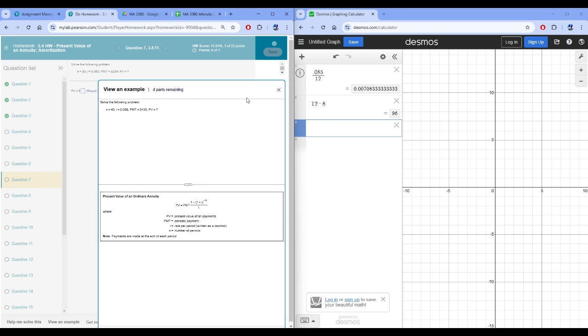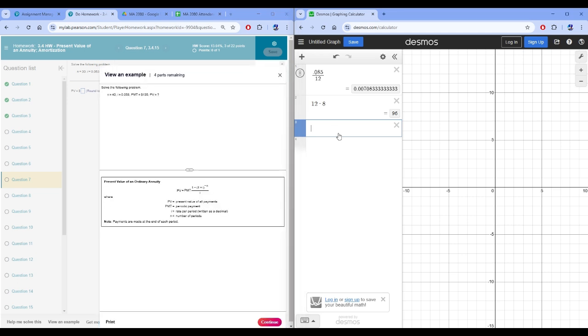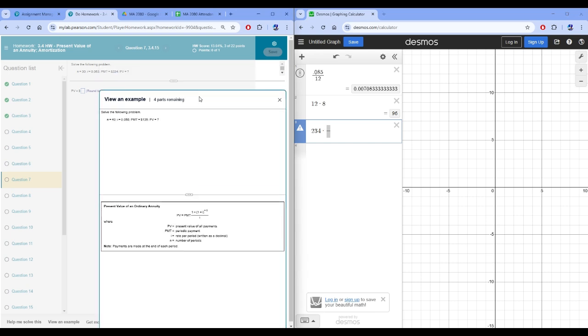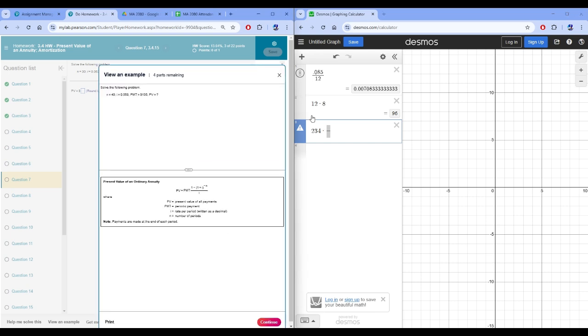It's my payment. What's my payment? $234. So my payment is $234, and then it's going to be times a fraction. 234, 1 minus parentheses, 1 plus I. I is going to be the rate. What's my I?